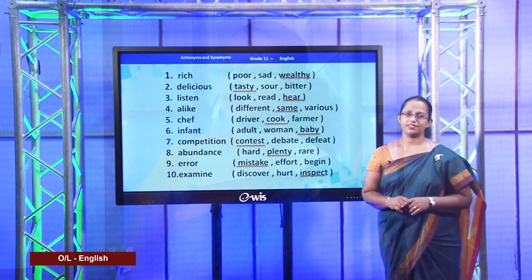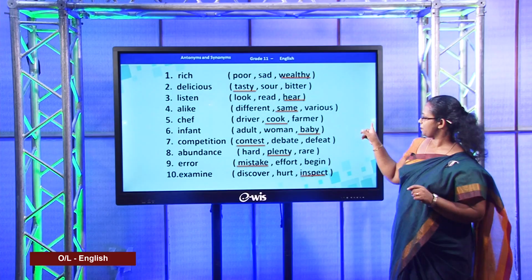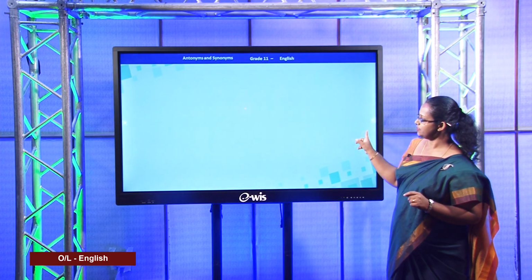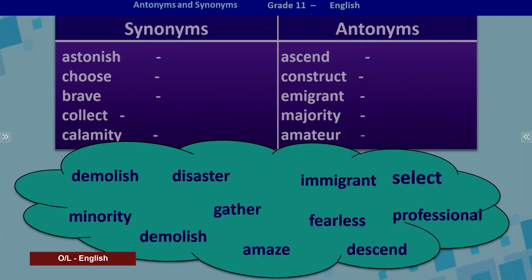Okay, children. Now we are going to practice both antonyms and synonyms in the same activity. Look at the screen, children. You are given a table with 2 columns. The headings of the 2 columns are synonyms and antonyms.